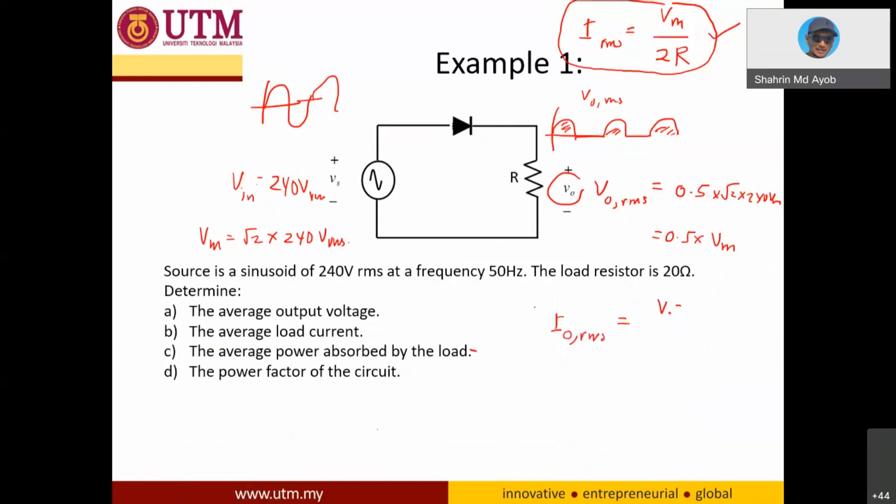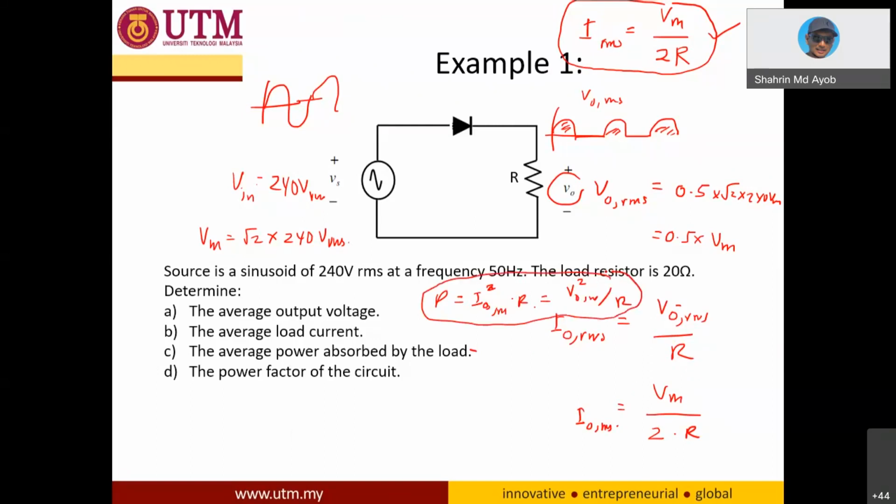I out RMS is actually V out RMS over R, right? Where V out RMS is VM over 2, and then just multiply with R. Yes, you are correct also. So you can either use I out square RMS multiplied with R, or you can use V out square RMS over R.